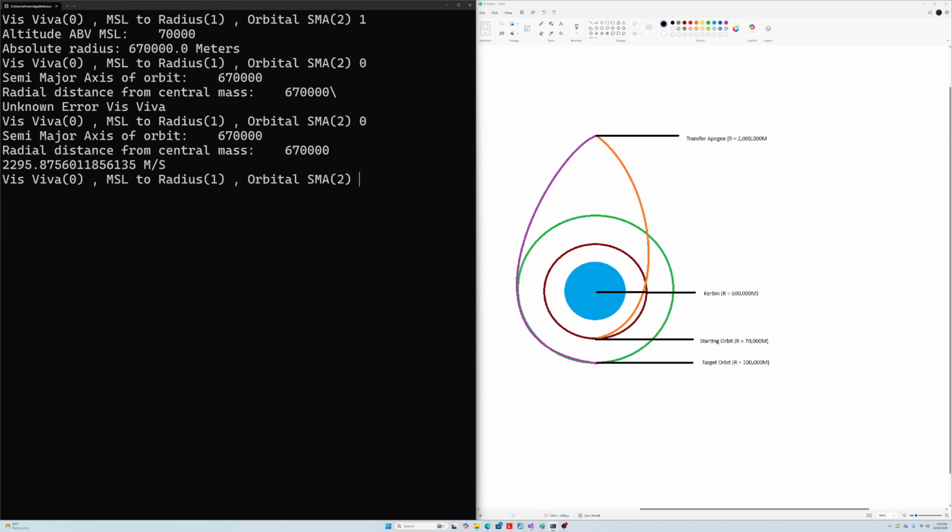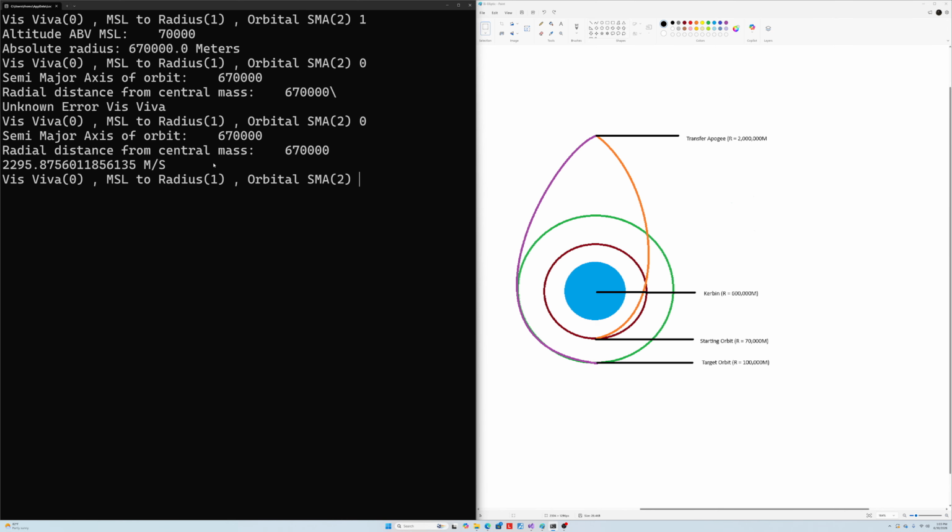In the real life context, there is a usual margin of error of multiple meters per second, but because this is a Python script, of course, you get a very high precision floating point value. In real life, of course, for spatial maneuvers, we're nowhere near this precise.